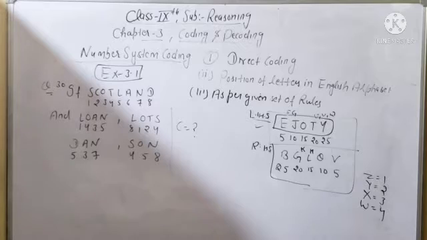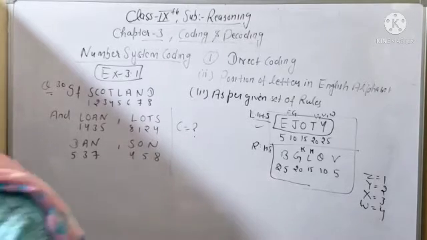Next question beta, what is given? If SCOTLAND is coded as 1, 2, 3, 4, 5, 6, 7, 8, and LOAN is coded as 1, 4, 3, 5, LOTS is coded as 8, 1, 2, 4, DAN is coded as 5, 3, 7, and SON is coded as 4, 5, 8.